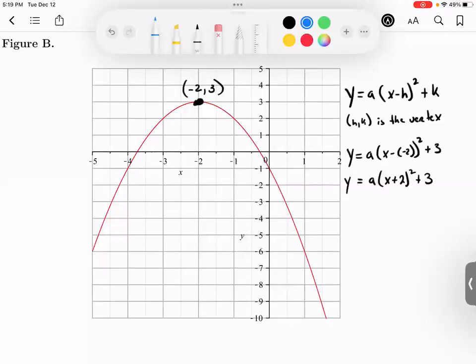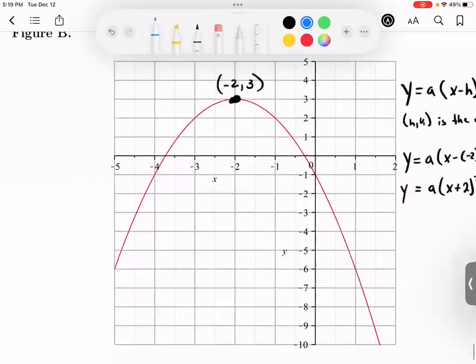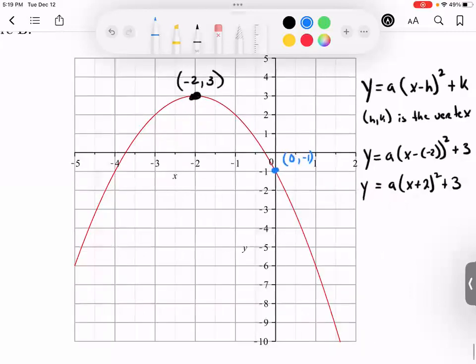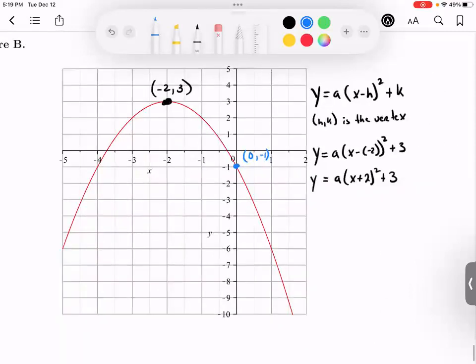That's right. I can use the y-intercept, which is (0, -1). So this will give me -1 is equal to a times (0 plus 2) squared plus 3.